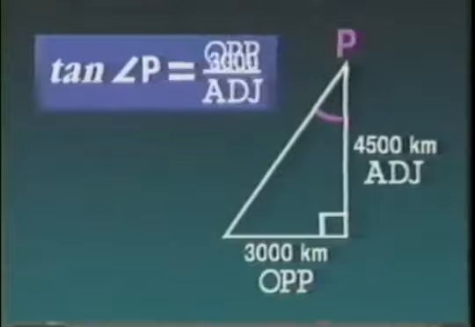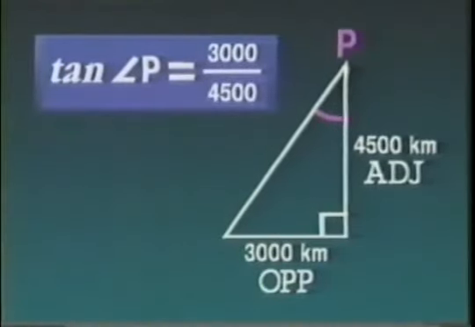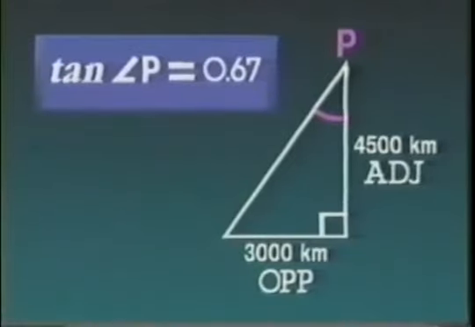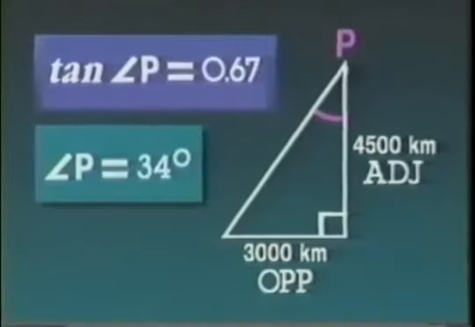So the tangent of angle P equals 3,000 divided by 4,500, or 0.67. Angle P, then, is 34 degrees. Upon clearing the meteors, Ed and Charlie must aim their transmissions 34 degrees away from the vertical to re-establish contact with Capcom.